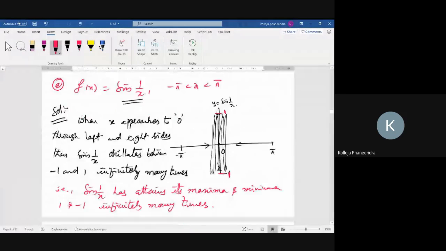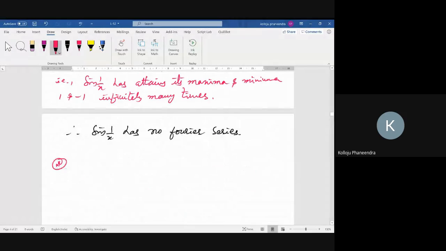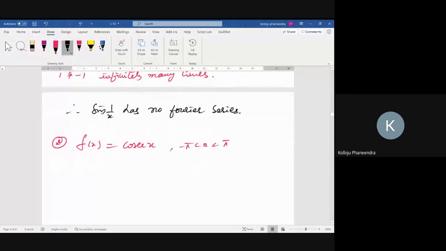Next, take another example: cosecant x. f of x equal to cosecant x in minus pi to pi. The solution: f of x equal to cosecant x, which is nothing but 1 by sine x.